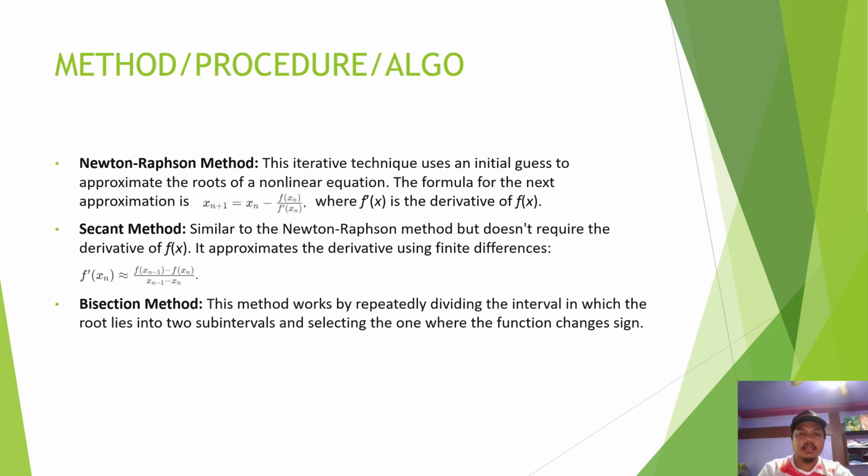The formula for the next approximation is x sub n plus 1 equals x sub n minus f of x sub n over f prime of x sub n, where f prime of x is the derivative of f of x.